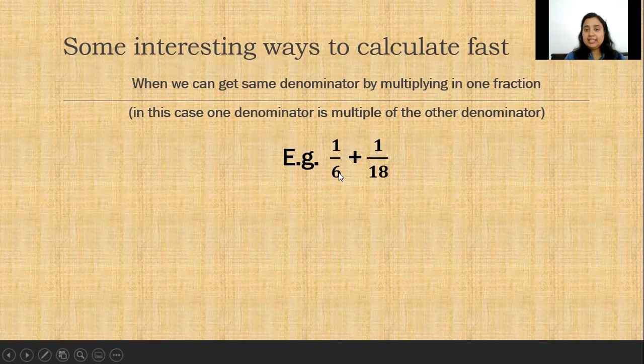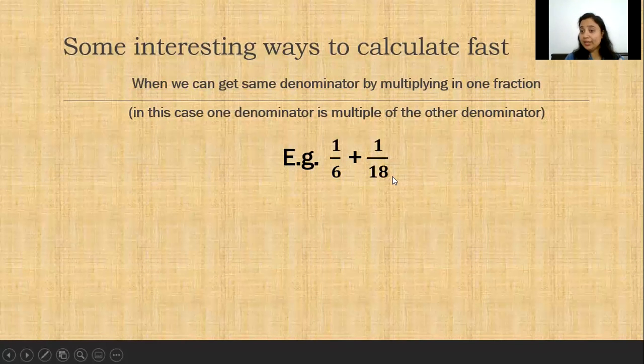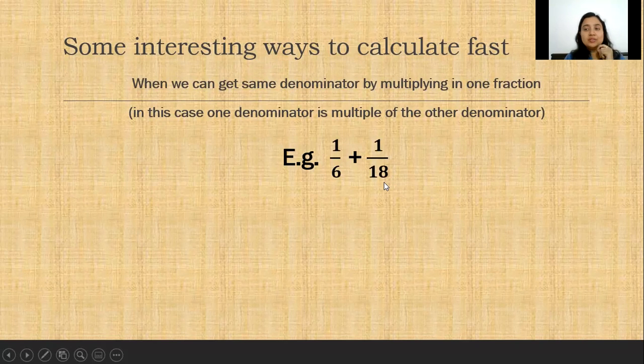Observe 6 and 18, right? Look at the 18. 18 comes in the table of 6. 6 3s are 18. So 18 is a multiple of 6. So it means we have to multiply something in this and we can get 18 quickly. And if you find the LCM, you will see that the LCM of 6 and 18 is 18, right?